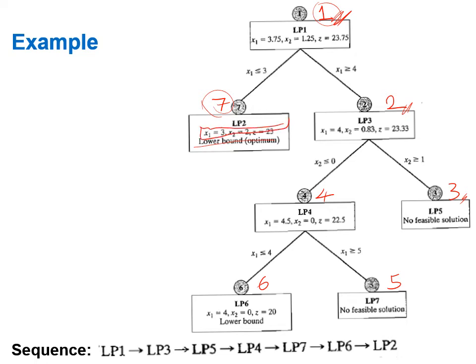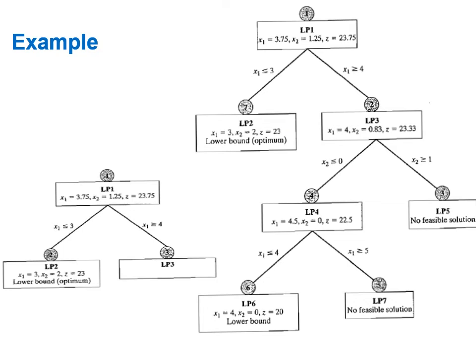What is the previous one? The previous one is this. Look, when we first solved this problem, we first selected this LP2 and evaluated that one. We got an integer solution, and then we moved to the right-hand side, and because of this bounding, we just eliminated this side, and in just 2 steps we found the optimal solution.